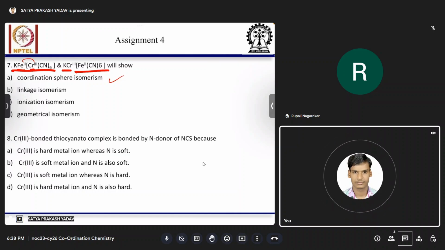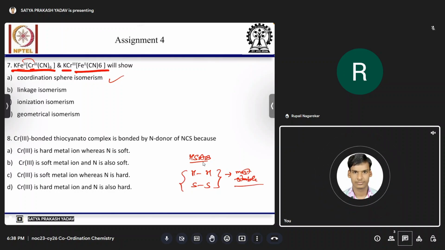Okay, so this is called the HSAB principle. What is called hard and soft? This is the concept that will give the most stable acid, base or salt. This is called the HSAB principle, the hard, soft, acid, base concept.